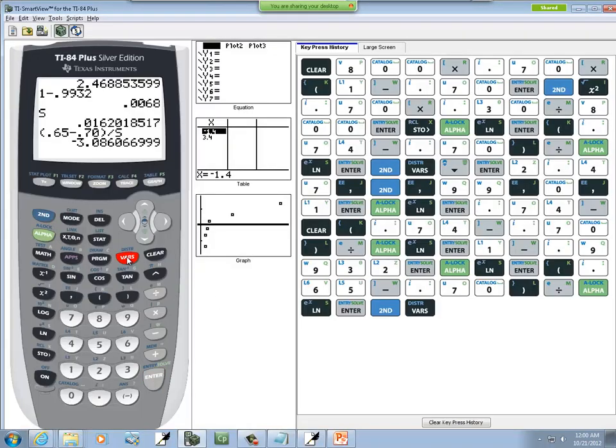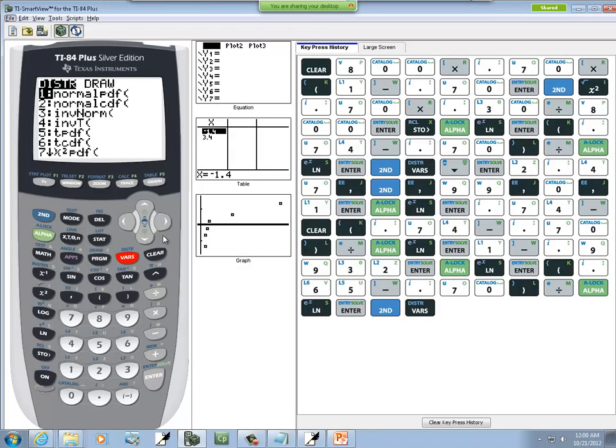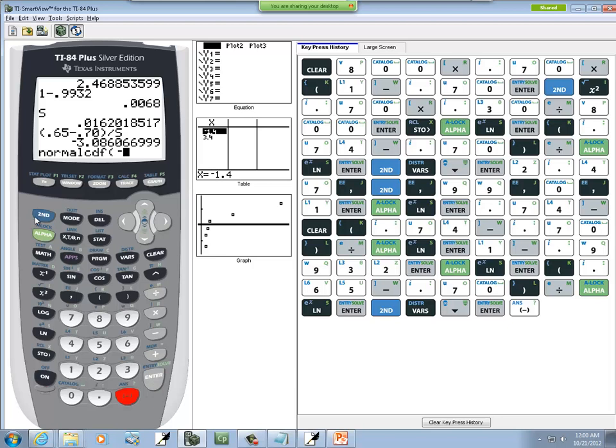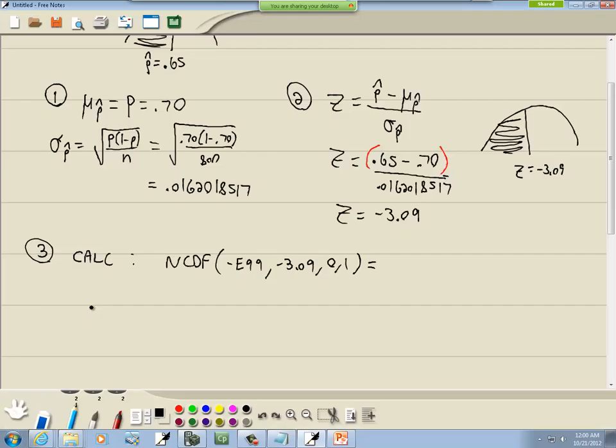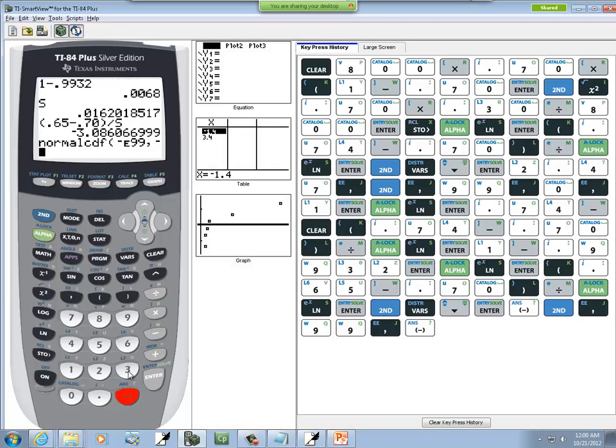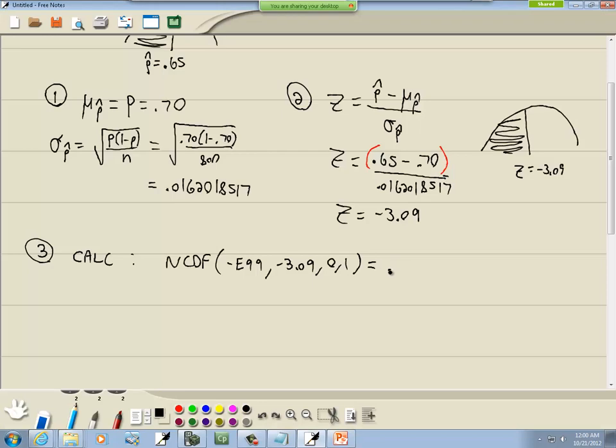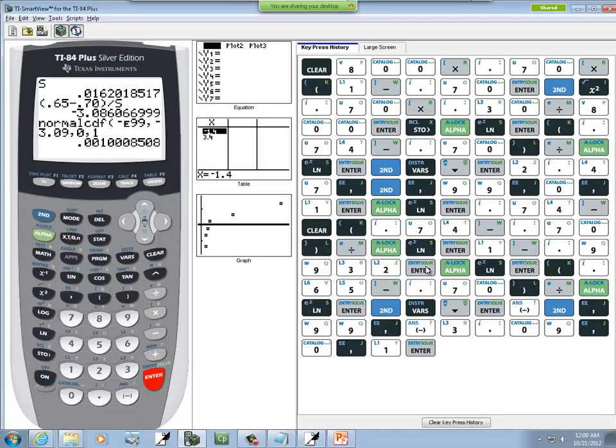So I got second vars, normal CDF, negative E99, comma, negative 3.09, comma, 0, comma, 1. Enter. That's pretty small. 0.0010.